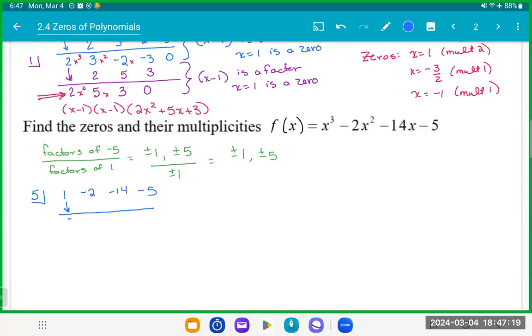Okay, so that is a 1. 1 times 5 is 5. That gives me 3. That is 15, which is a 1. And that is 5. So I get that 0 there, which tells me that x equal to 5 is a 0. So x minus 5 is a factor.